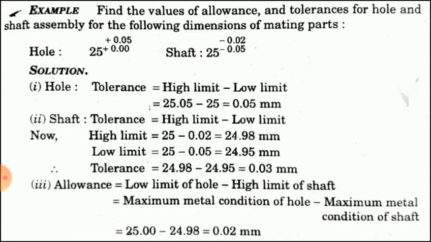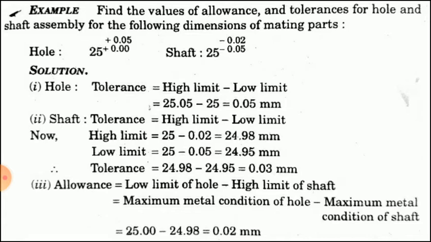So the next problem is to find the values of allowance and tolerances for a hole and shaft assembly for the following dimensions of mating parts. The hole dimension is given as 25 plus 0.05 and plus 0.00, and these are the upper and lower limits for the hole.